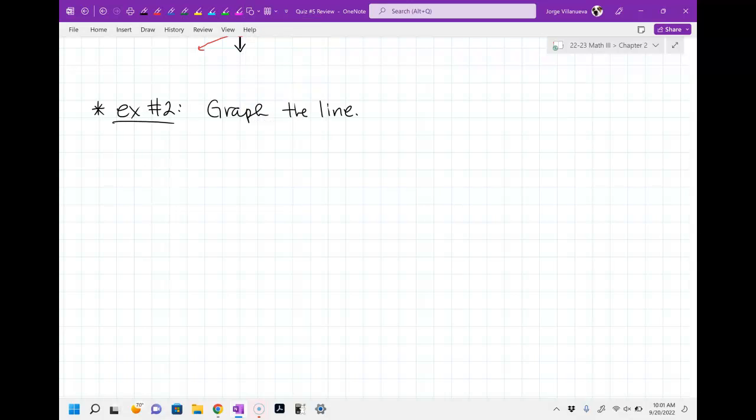I don't know how large it has to be, so I'm going to go a little bit bigger. It looks like I did a 5 by 5. There's my X and my Y axis.